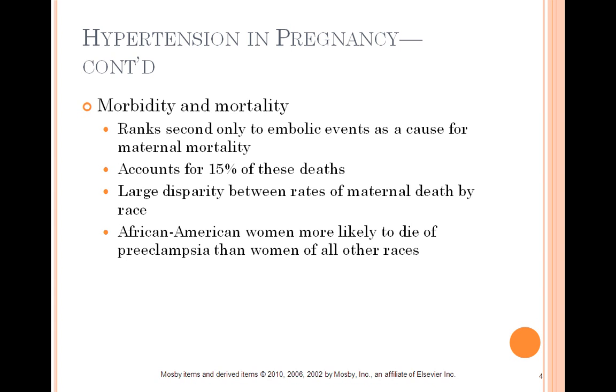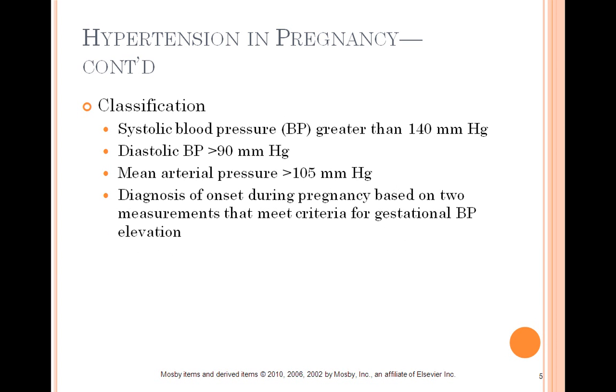If you get an abnormal reading, see if the patient can lie down, and see if that lowers the blood pressure. Then monitor at a different time of day and see if it's still elevated as well. Remember, we classify this as a blood pressure greater than 140 millimeters of mercury systolic, or diastolic greater than 90.